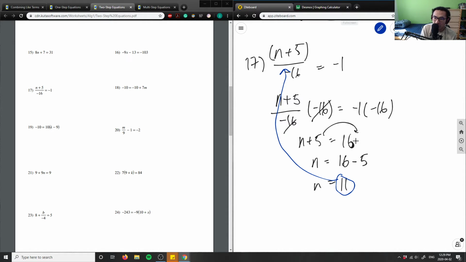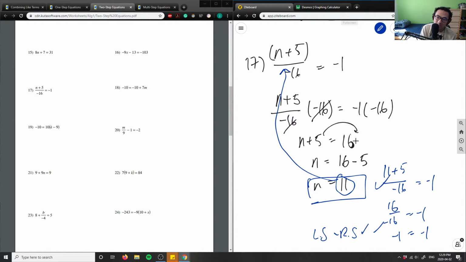So it's 11 plus 5 divided by negative 16 equals negative 1. 11 plus 5 is 16, divided by negative 16 equals negative 1. Negative 1 equals negative 1, which means my left side equals my right side. So this answer is correct. n is 11, and that's my correct answer for 17.